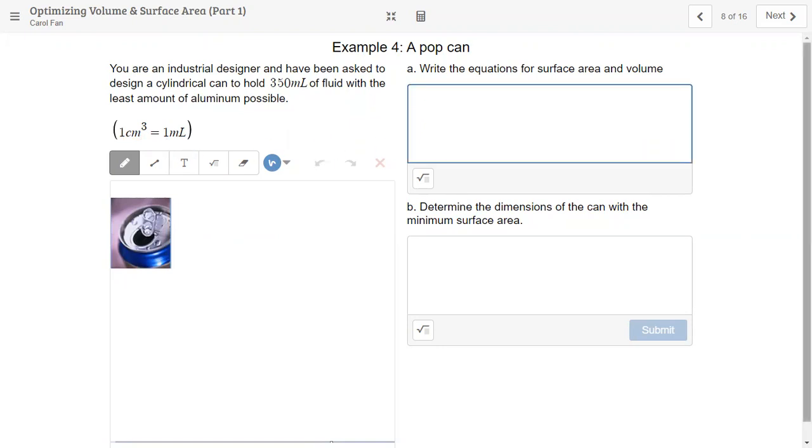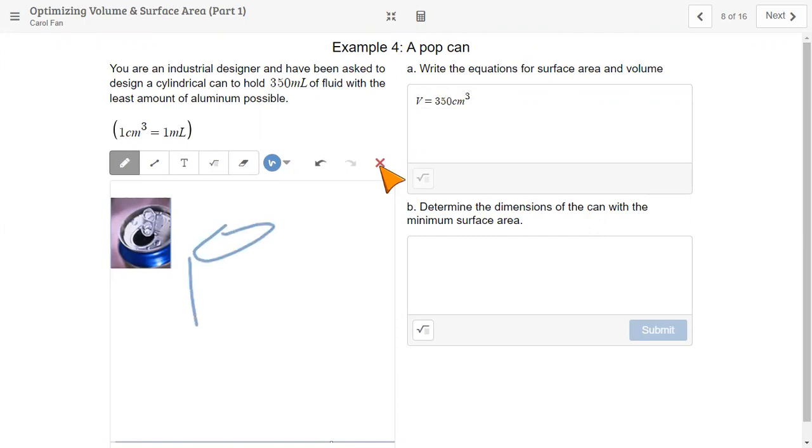That means the volume that we're working with is 350 centimeters cubed. Right, for my container, this is a very rough drawing, but I have my height, and the other dimension that concerns me is the radius.